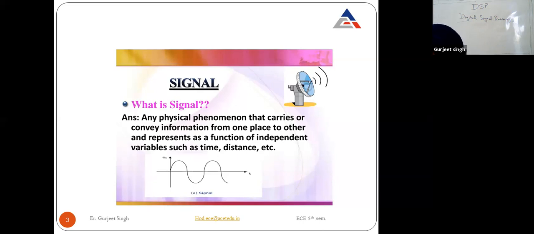So whenever we are talking about signals, our signal may be defined like this: along the x-axis we represent the time, and along the y-axis we represent the amplitude.